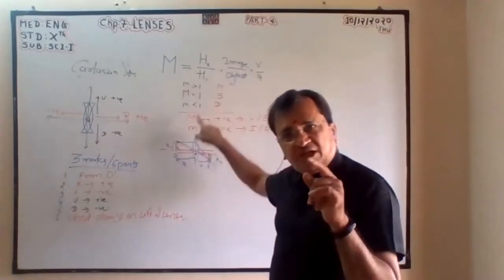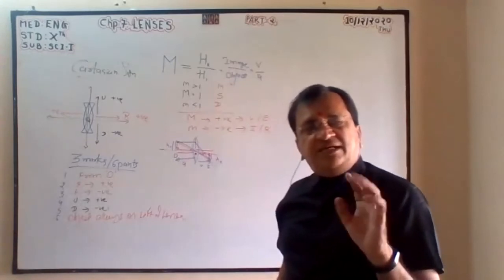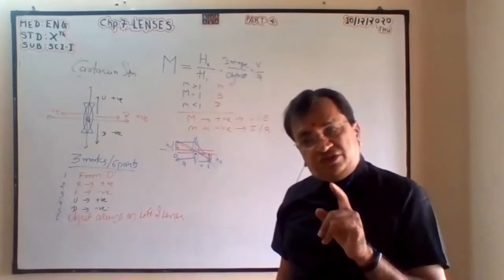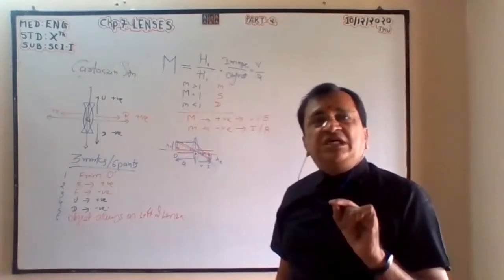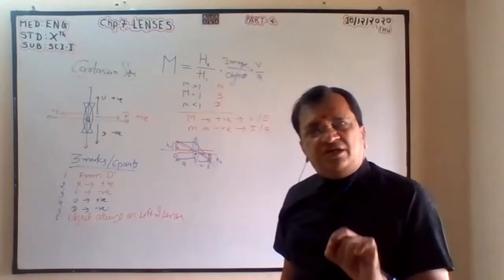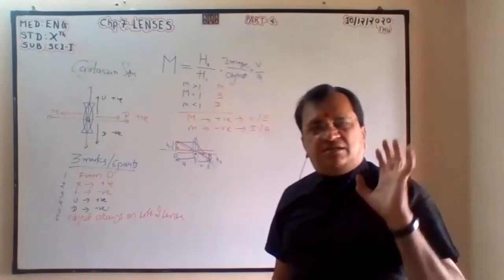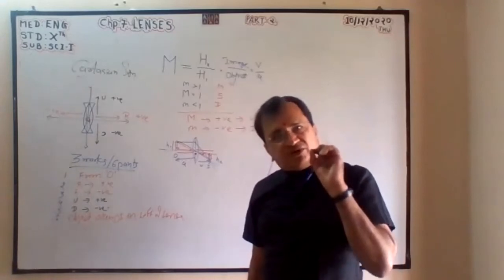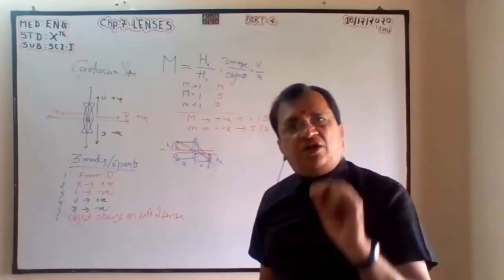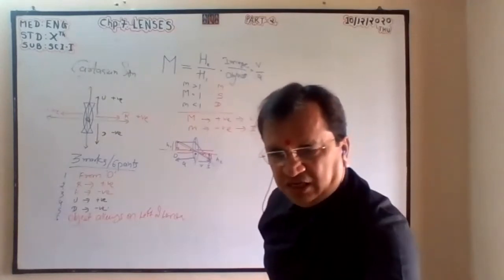So when you compare the number, if 1, then same; less than 1, diminished; more than 1, magnifying. Then compare the sign. If it is negative, it is inverted, real, and can be caught on a screen. If it is positive, virtual, erect, and cannot be caught on a screen.